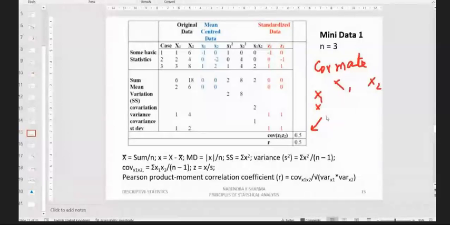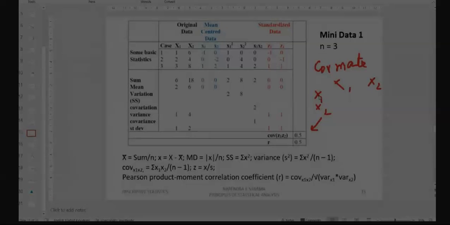So what is the covariance of x1 and x2? That will be the variance. The variance of a variable is equal to its covariance with itself.